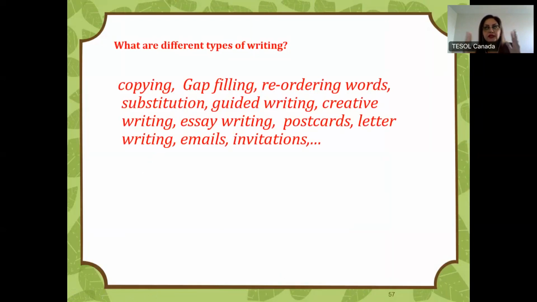Creative writing, like give them a picture and ask them to write. Essay writing, no, not for children, but postcards they can write. Letter writing, yes. Emails, short emails, and even invitations like birthday invitations. These are different writing that you can practice with your students.